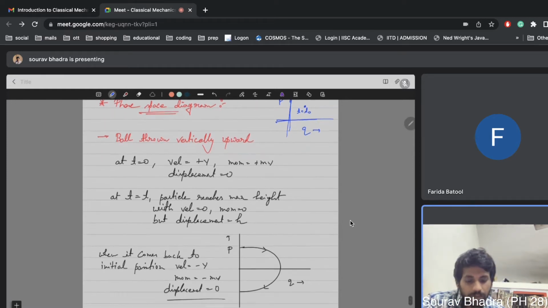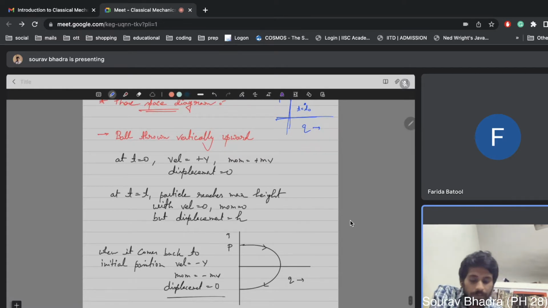Okay. Now a ball thrown vertically upward. So what is the real situation? Suppose at t equals 0 you are throwing the ball. At the time when you are just throwing the ball, you are giving it a velocity, plus v. Why have I written plus v?